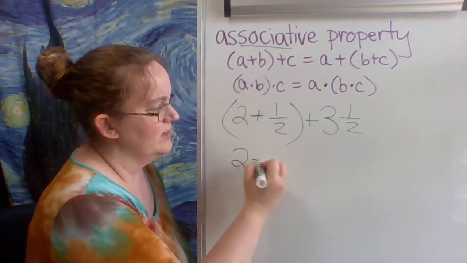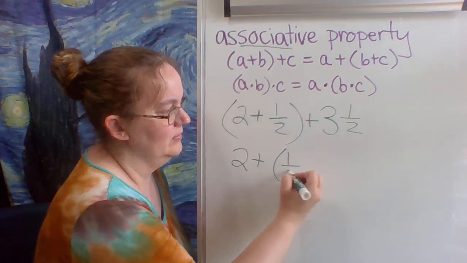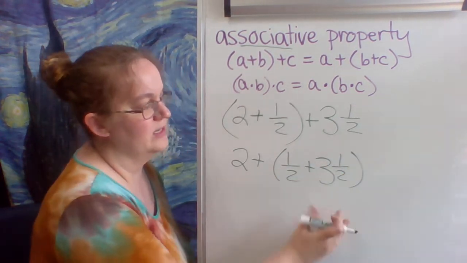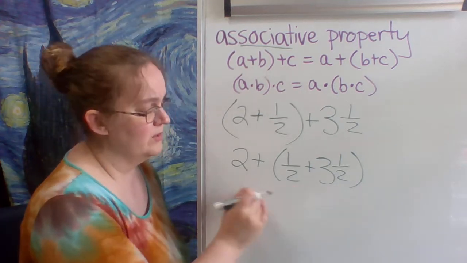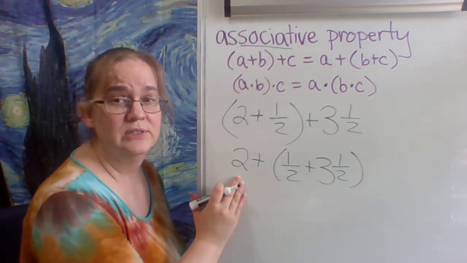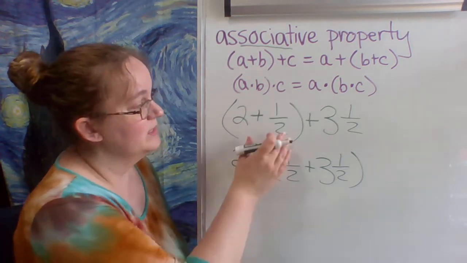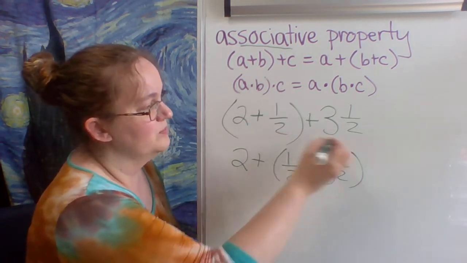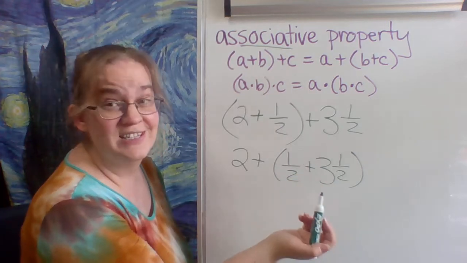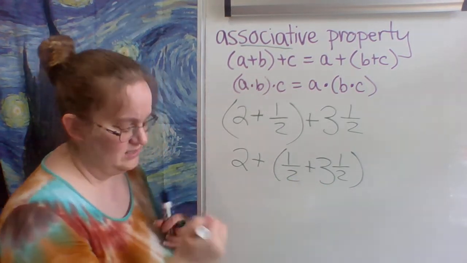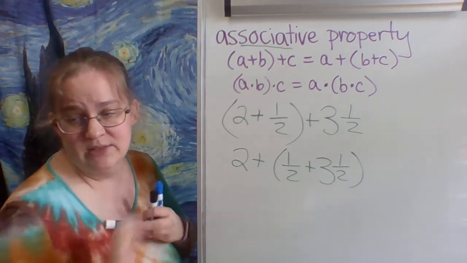I could write that like this, and then when I went to evaluate it, I could add these together to get a whole number and then add it to this one, okay? And that would be one way that I might see it, but in this case, I get 2.5 plus 3.5, which would be 6, or I would get 4 plus 2 is 6. Either way, it's going to come out to the same thing.